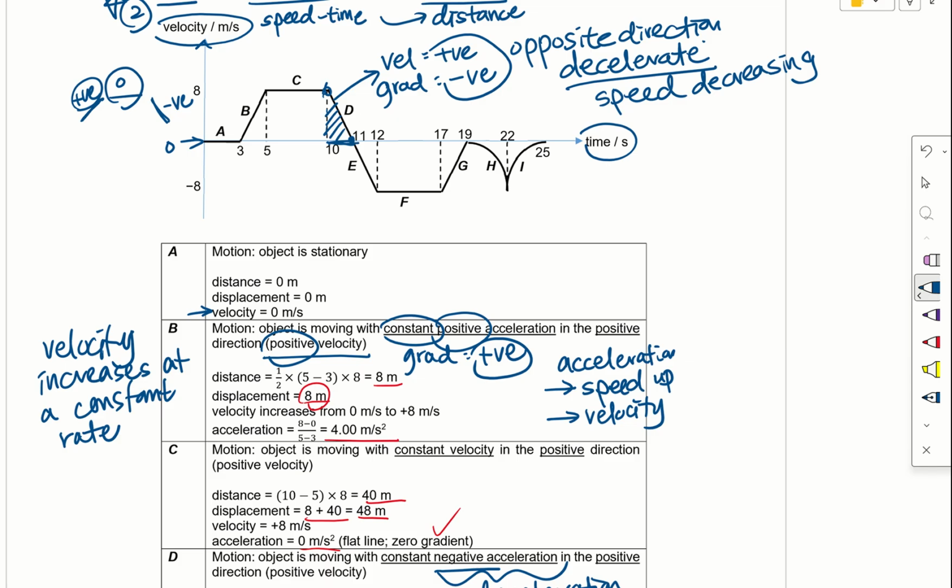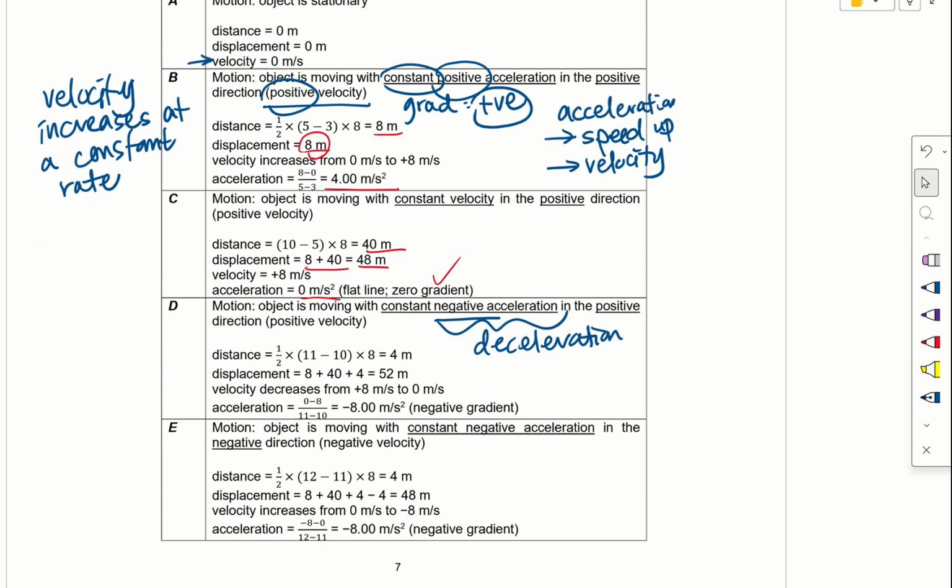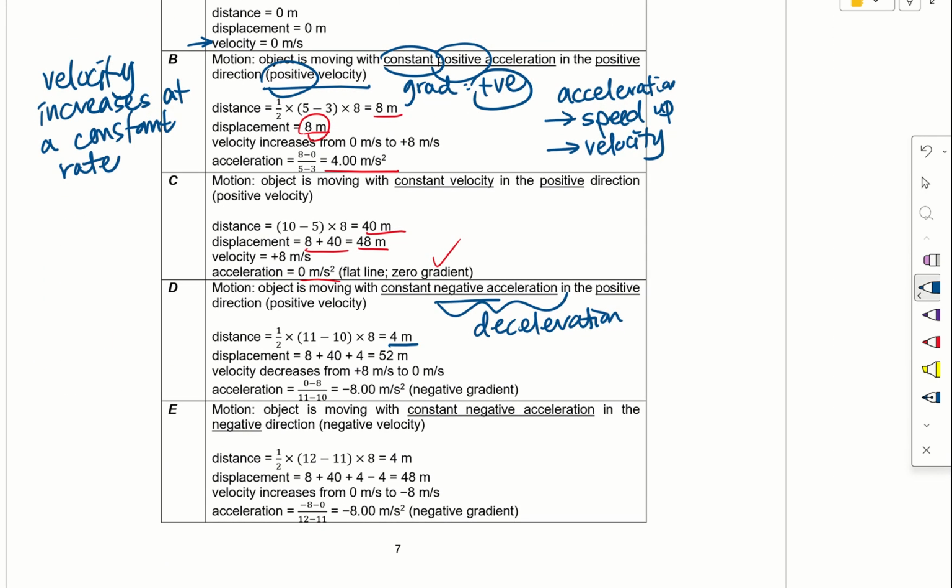The base of the triangle is 1, the height is 8, therefore half base times height, it has moved a distance of 4 meters. But the displacement from A to D will be 8 plus 40 plus 4, right? We are continuing this story. So we have a total displacement of 52.